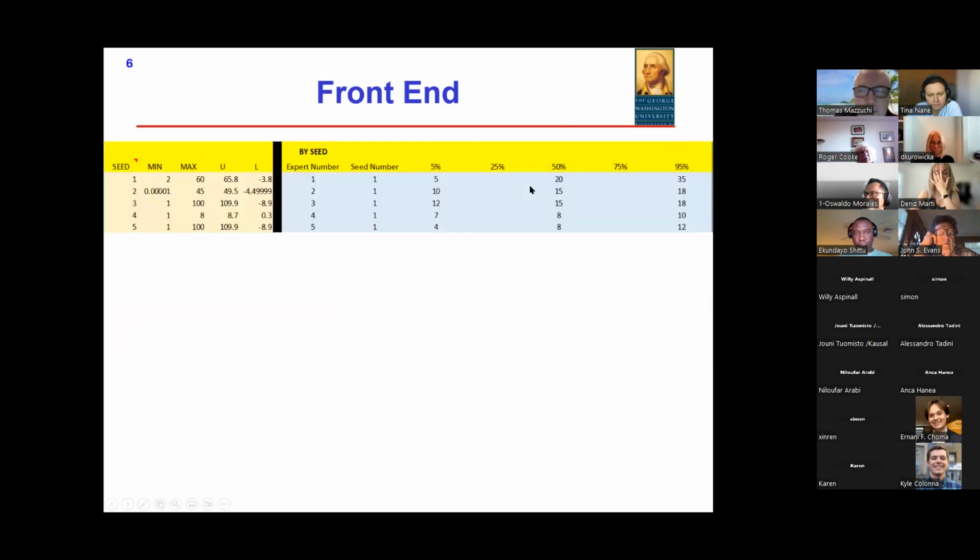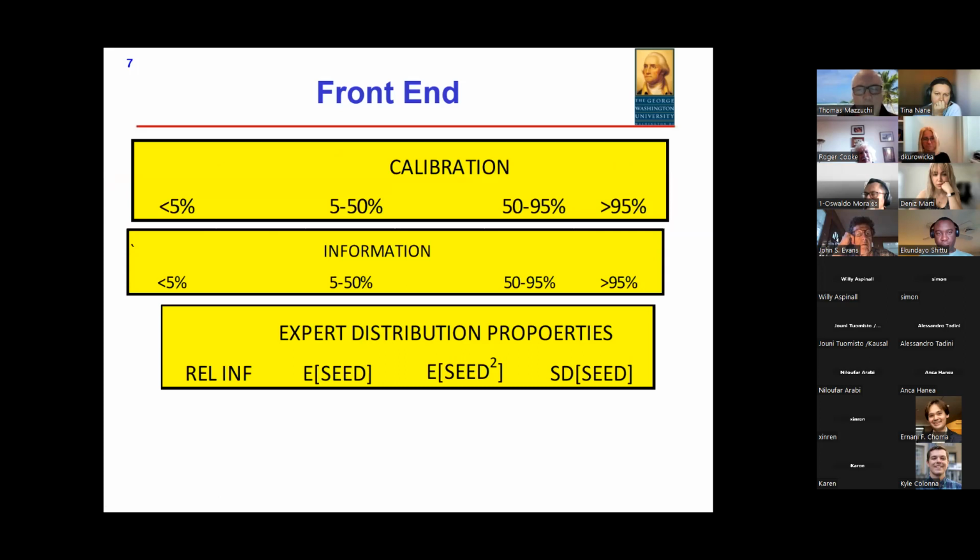So what I do is I reorder them by seed variable, and then I can calculate a few things for each entry for each expert seed variable value. And then those we of course will use to sum over or average as we want to get the various metrics. So what do I do in this page?